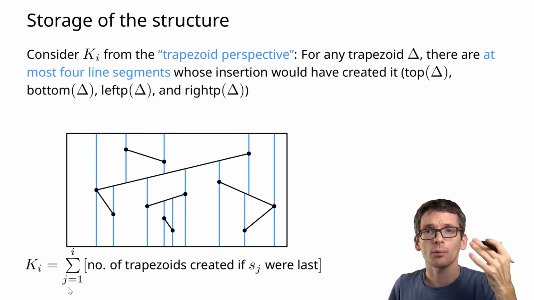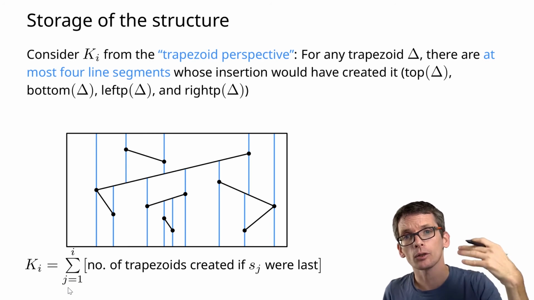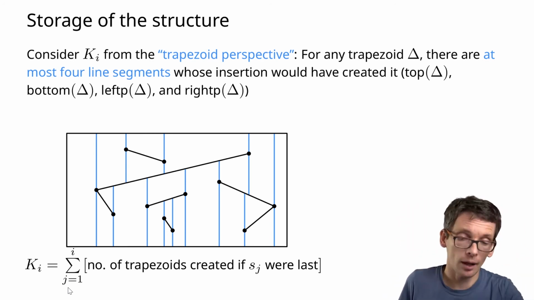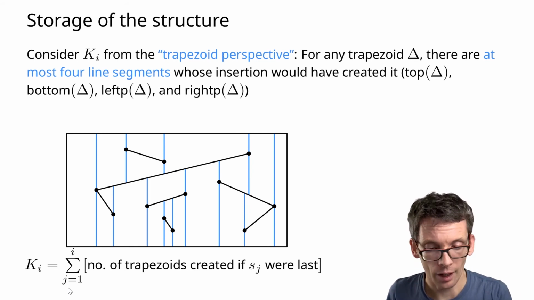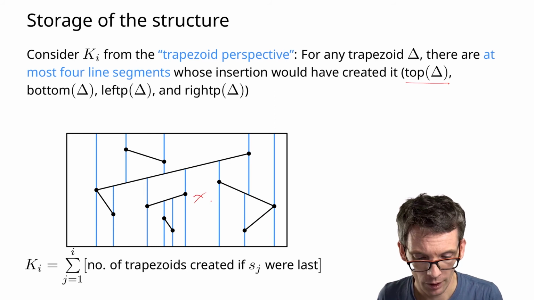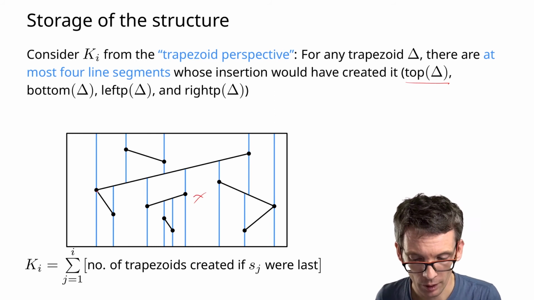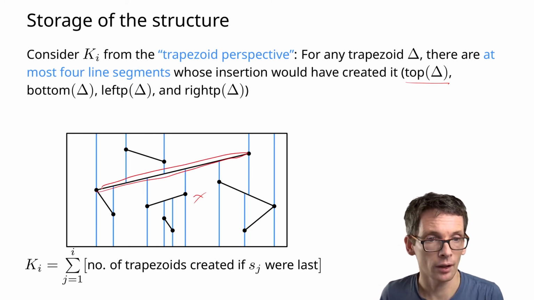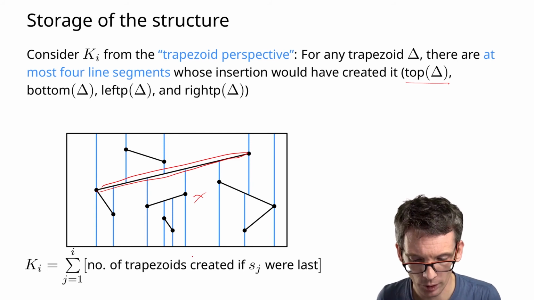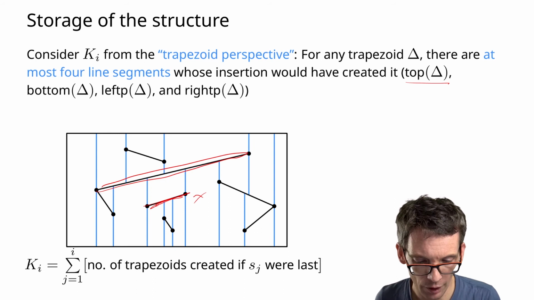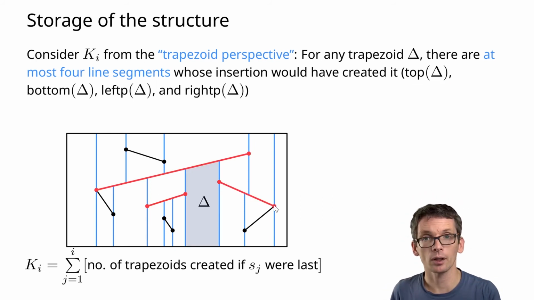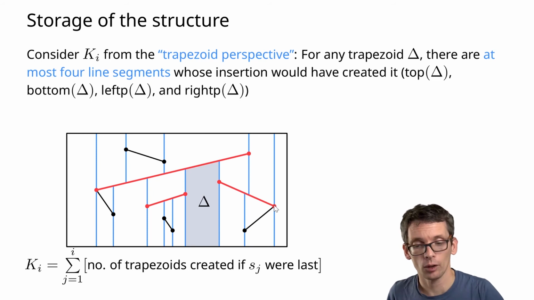The only segments that would have caused this trapezoid to be one of the trapezoids inserted in the last step are the top one, so let's say here this segment here, or the bottom one. The bottom one right now is a bounding box, or the one that gives me the left endpoint or the right endpoint. So only those 3 segments would have resulted in creating this one last.